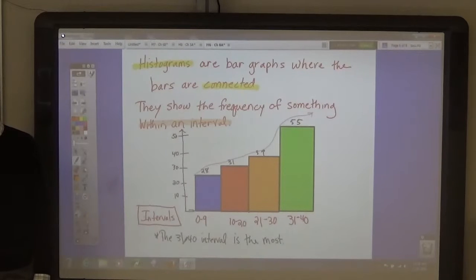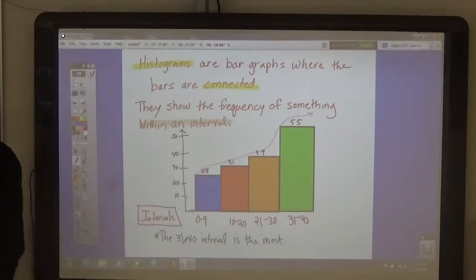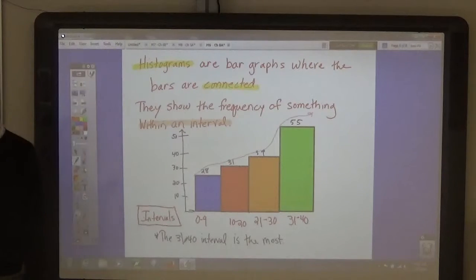Now, in your assignment, on page 230, you have a group of numbers. You're going to complete the frequency table first. Okay? So, copy the frequency table at the top. And then you're going to make a histogram of the groups of hours.